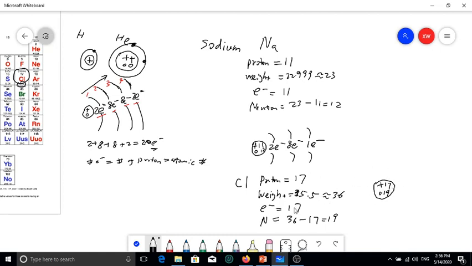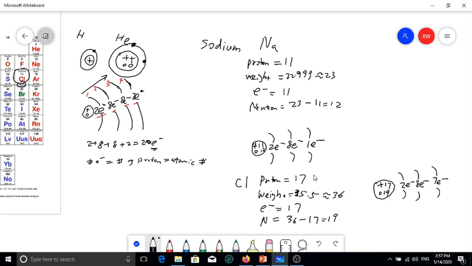And you have a total of 17 electrons. That means the first layer you're going to have 2 electrons, the second layer 8 electrons, and the third layer can have up to 8 electrons, but there are already 10. Subtract 10 from 17 total, and you would have only 7 electrons for the third layer.